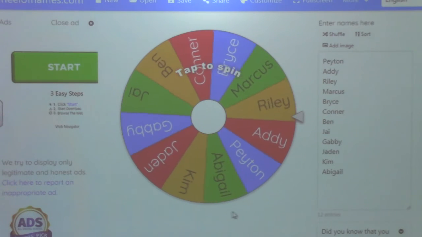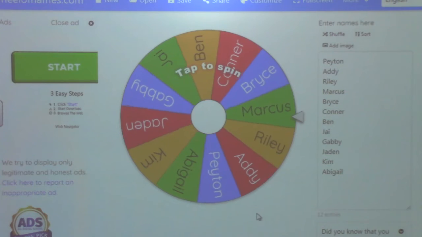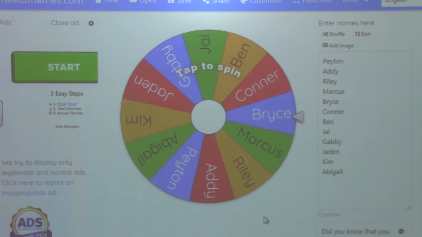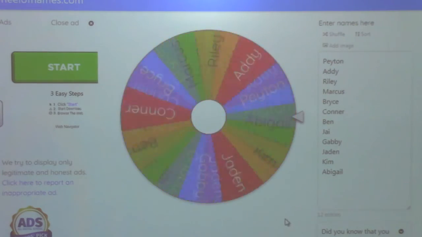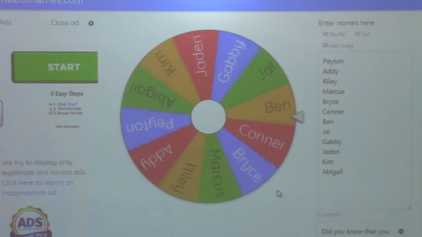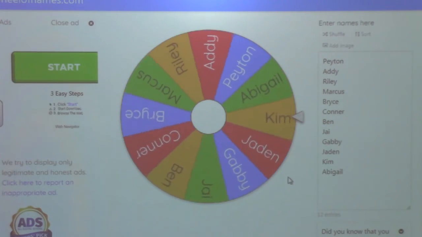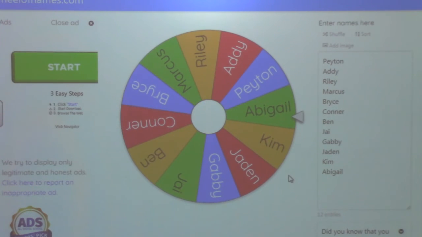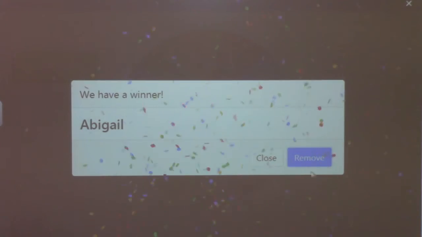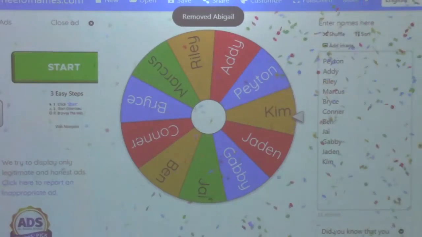So we're going to pick someone here. Why is it still spinning? Just tap to spin. It's going to be Peyton. It's going to be Abigail. Abigail, the newbie.